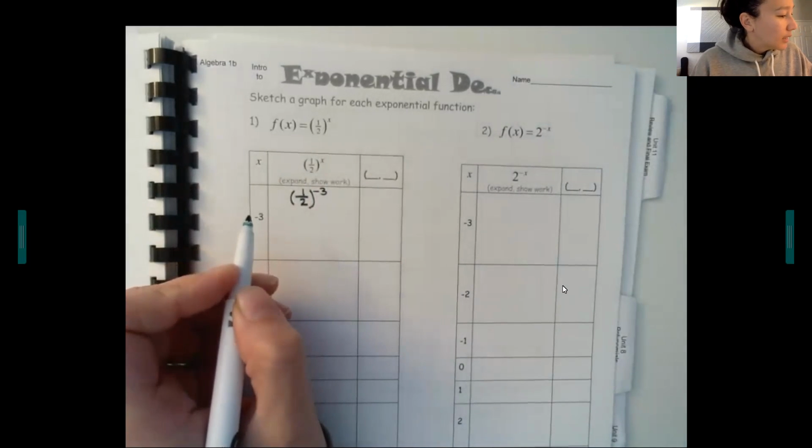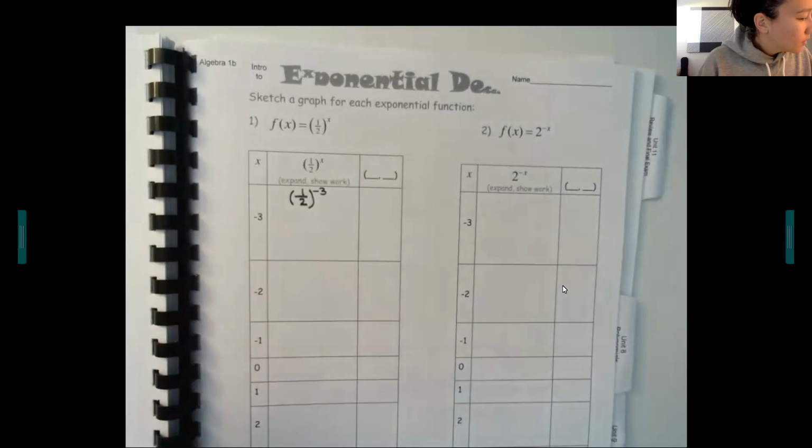And so, let's see. How do we want to do this? What's the easiest way?